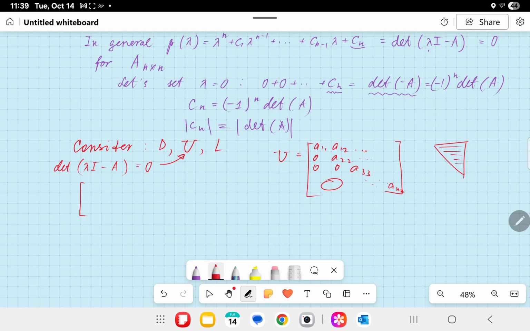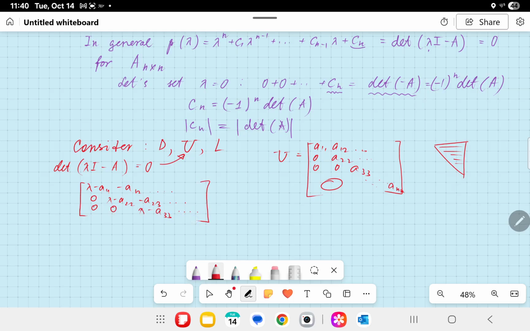Okay, so now if I apply this equation to it, I'm going to have lambda minus A11 and then minus A12 and so on, and here 0. That's just because this is the identity matrix, and you basically are going to modify only diagonal elements. Lambda minus A22, and then minus A23, and 0, 0, lambda minus A33, and so on.